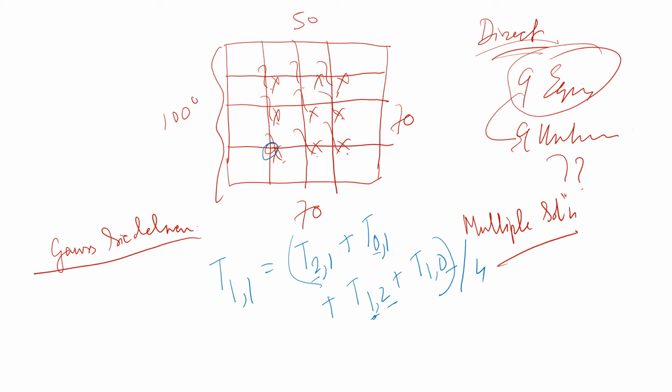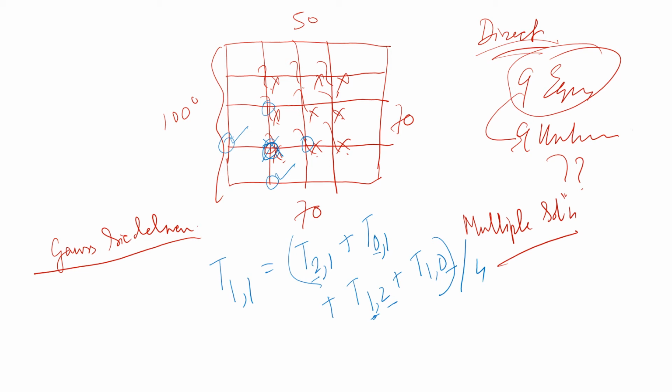So if you observe this now, as I have already discussed in the previous method, to find out the temperature at this point, we need the temperature at this point, this point, this point, and this point. The points at this part and this part are known because they are at the edge. So all the points on the edge will have the known temperature.